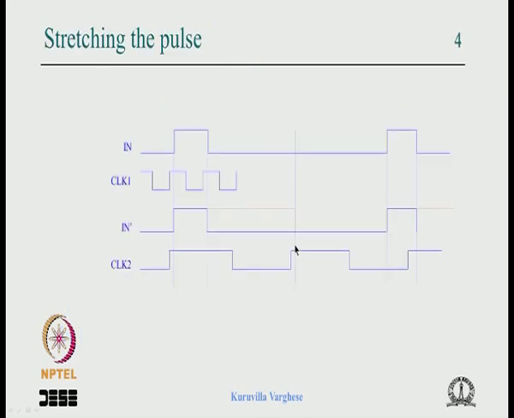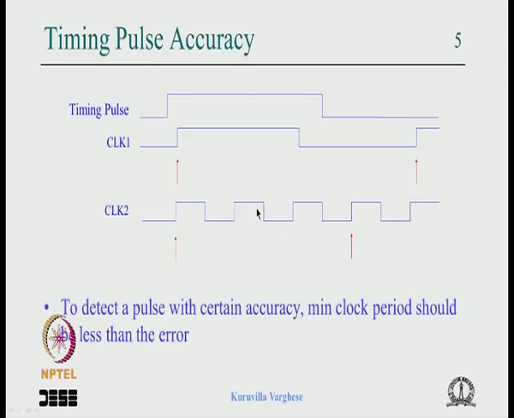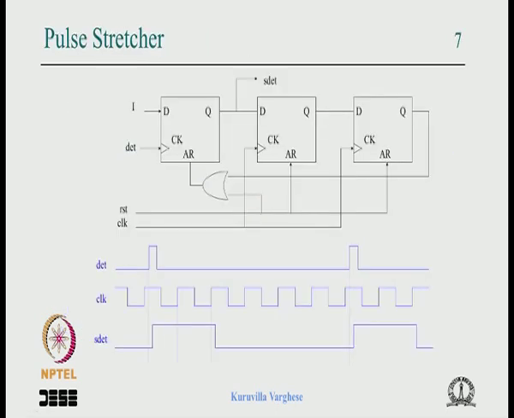And now let us come back to this clock stretching, and we have seen one circuit, but it is not very much used; I have just shown it to illustrate. So this is the pulse catching circuit where this is the clock, this is the pulse we are trying to extend, and the input is 1.